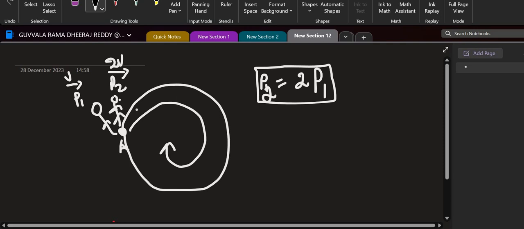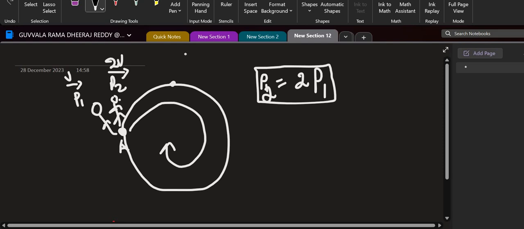But the speeds are now P1 is v, P2 is 2v, double the speed of person one. But they are moving in the same circuit.